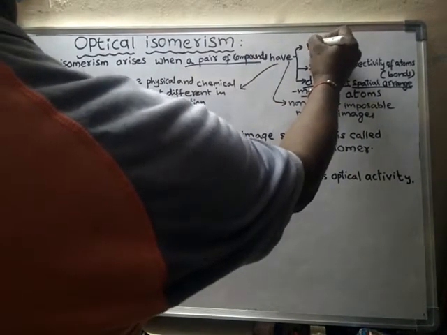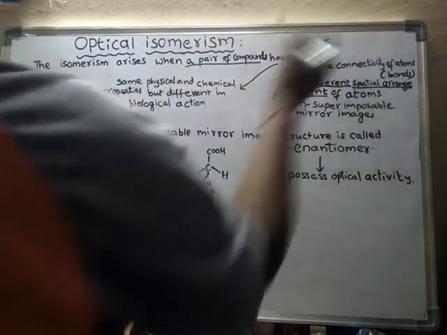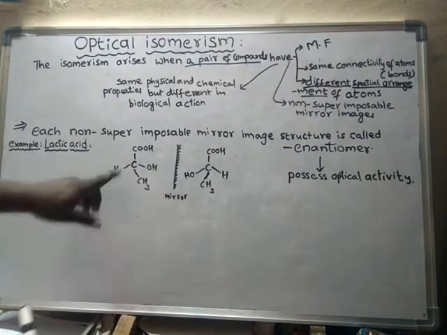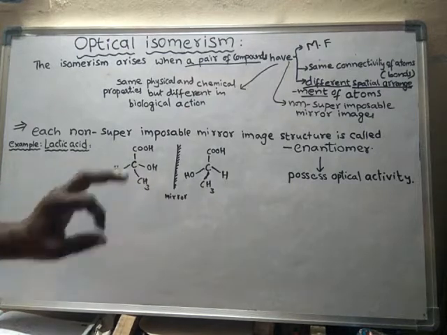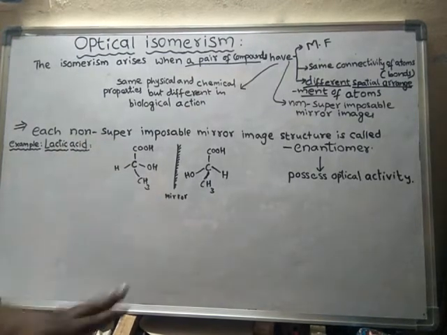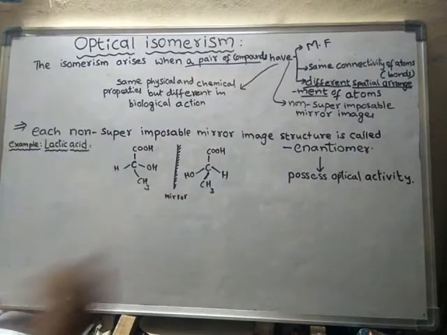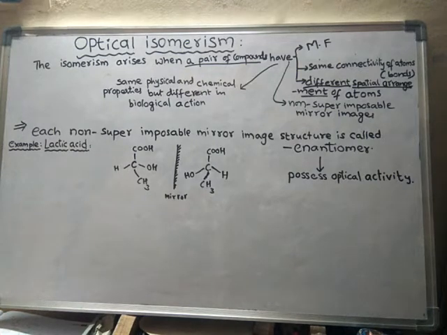Same molecular formula. Same connectivity of atoms means they form chemical bonds in the same way, and a different spatial arrangement of atoms, non-superimposable mirror images, and same physical and chemical properties but different biological action, and their reaction towards the optically active compound is different.